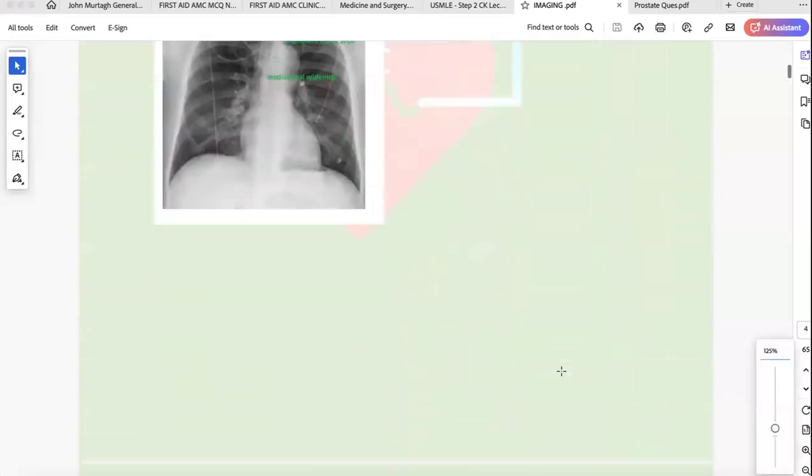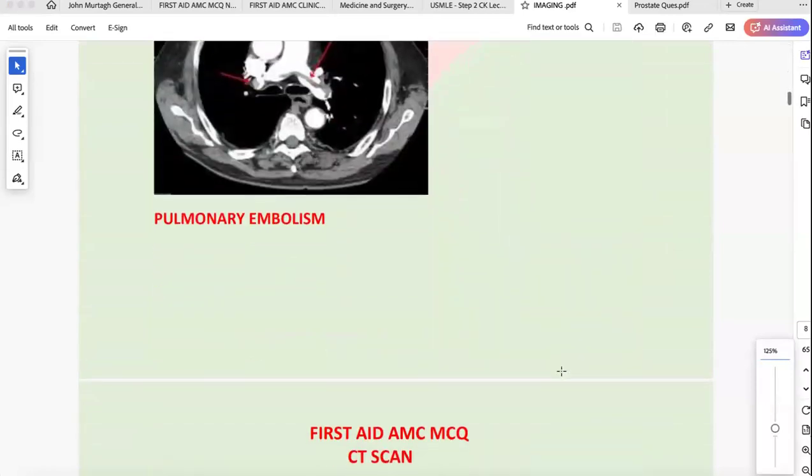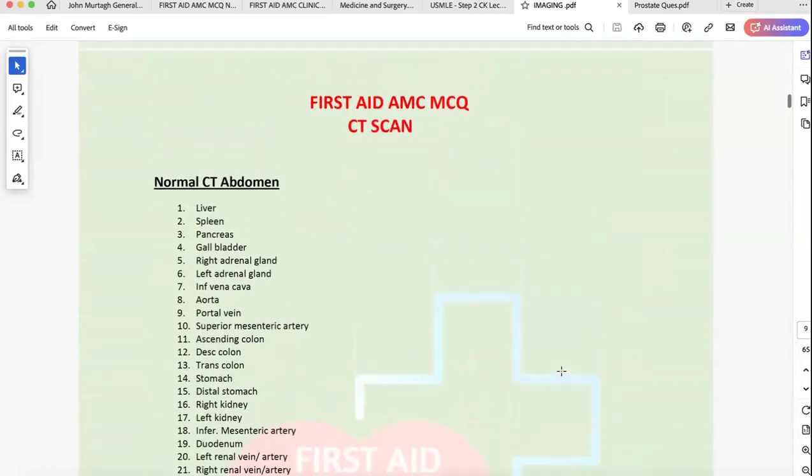All right, so I hope you remember the CT scan basics, because that will be important. So we finished up to the chest. Now we are moving on to abdominal CT scan.